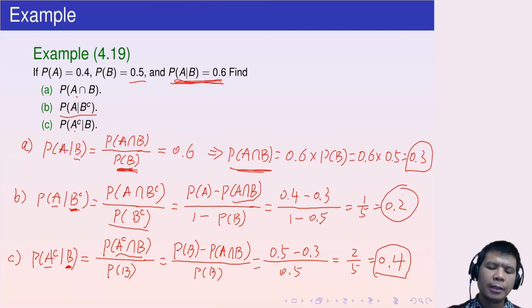Then you go from there and use the definition of conditional probability, and you can find those values. Of course, for some of them you need to use some probability rules, like the difference rule, like the complement rule, and so on. Okay, that is this example.